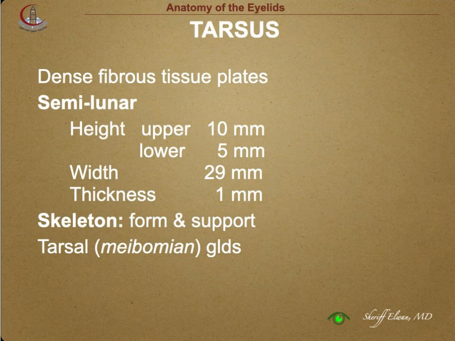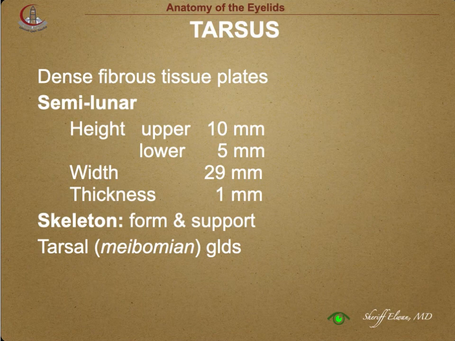What is the tarsus? The tarsus is a dense fibrous tissue plate, actually two plates, one in the upper eyelid and the second in the lower eyelid. They are semilunar in shape with a height of 10 millimeters in the upper eyelid and 5 millimeters in the lower eyelid. Their width is approximately 29 millimeters with a thickness of 1 millimeter.